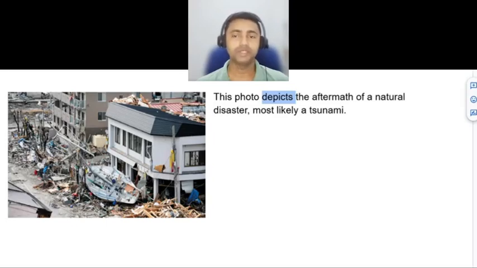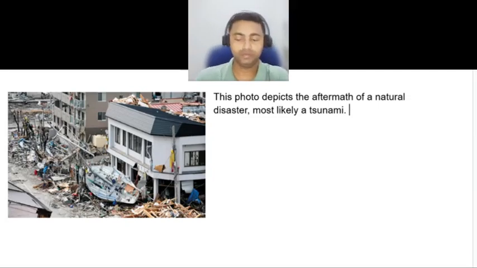This photo depicts the aftermath of a natural disaster, most likely a tsunami.